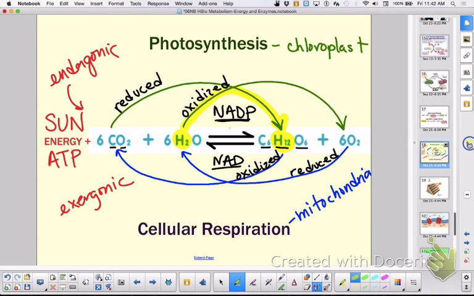Remember that part? When we concentrate them on one side of the membrane, we have a lot of potential energy, right? And we can harvest that potential energy to synthesize what molecule? ATP, by letting them go across our membrane. So that's going to happen in both of them.